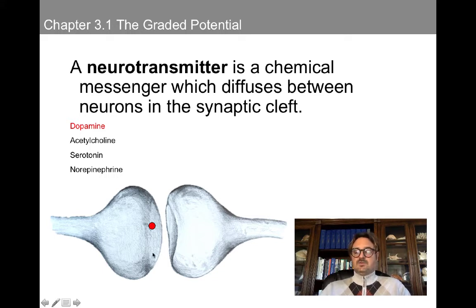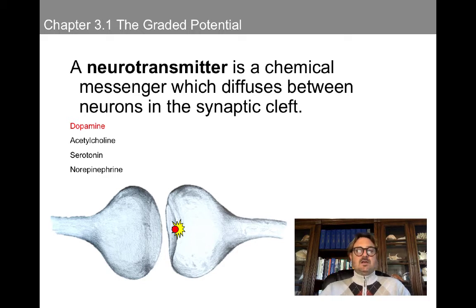The presynaptic neuron then releases them into the synapse, and they travel across to the postsynaptic membrane. And when they hit the right receptor, the receptor actually is activated. It's sort of like a key opening a lock, and that lock opens, and it allows an ion to travel in. Now we have two different ions.